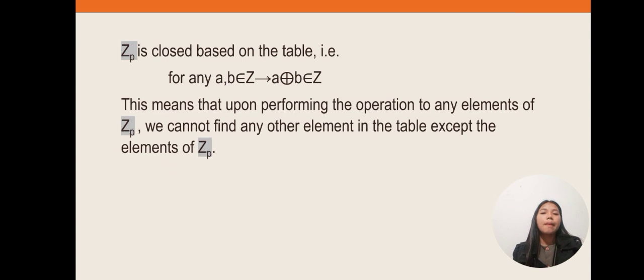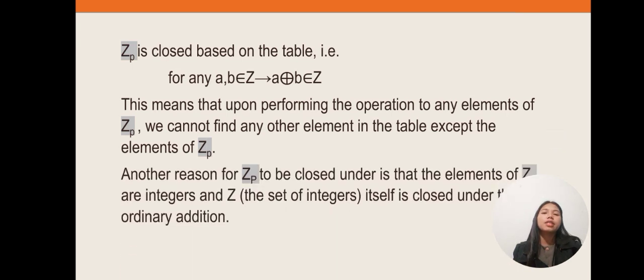For any a, b that are elements of Z sub p, a plus b is an element of Z sub p. This means that upon performing the operation on any elements of Z sub p, we cannot find any element in the table except the elements of Z sub p.